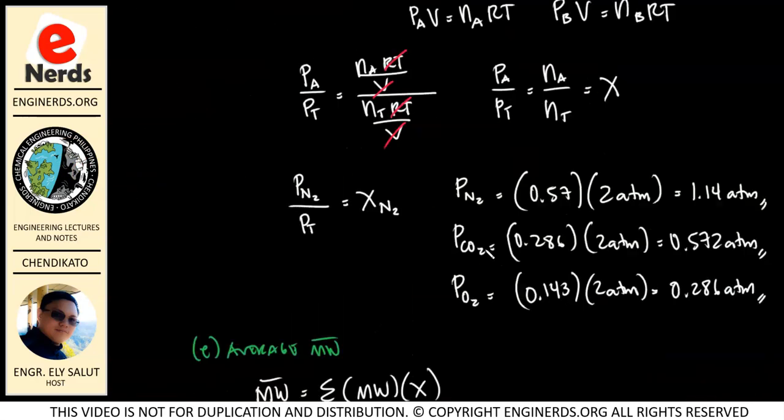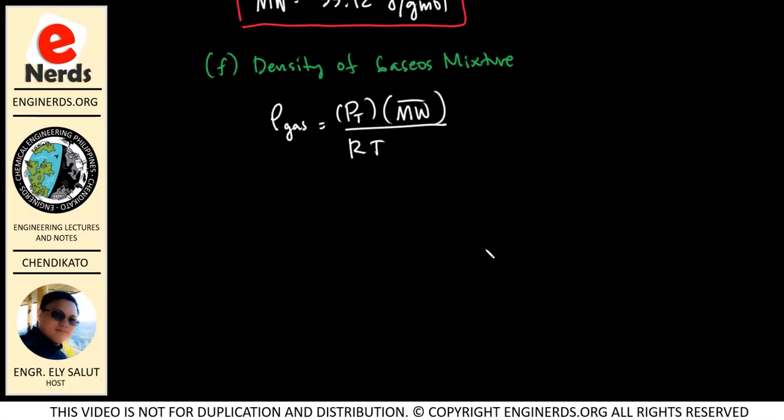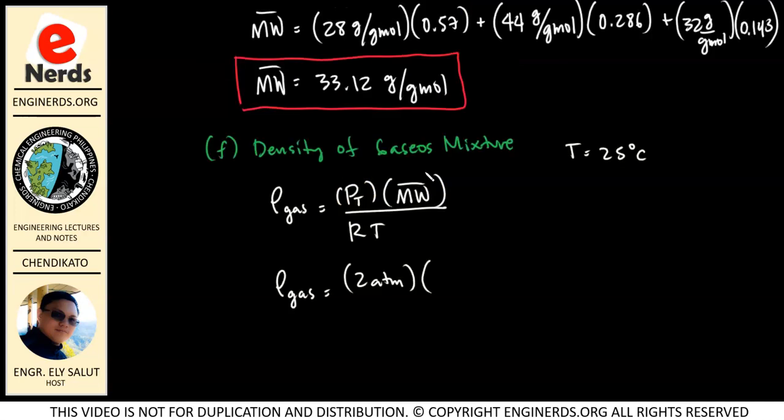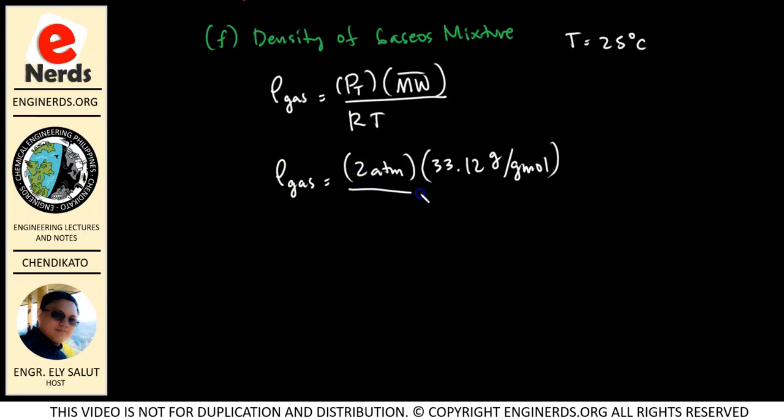So, dahil hindi siya given, so dapat nandyan yun. So, let's say our gases are mixed in ambient temperature, no, which is 25 degrees Celsius. Okay? So, to get the density of the gas, we need to multiply itong ating total pressure, which is 2 atmosphere, times the average molecular weight, which is 33.12 grams per gram mole, divided by our R. So, ano yung R natin?